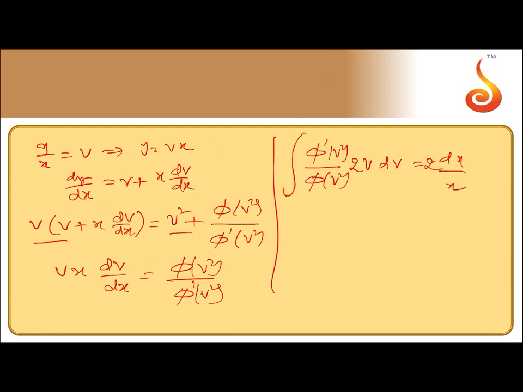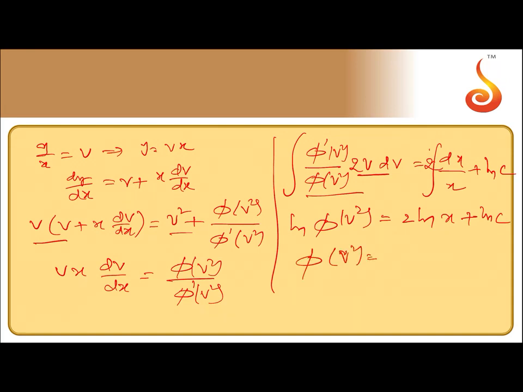Integrating on both sides, integral plus log c as the constant. You can rewrite this as f dash by f into dv, which is a differential of dv. Therefore, logarithm of phi of v square is equal to 2 times log x plus log c.